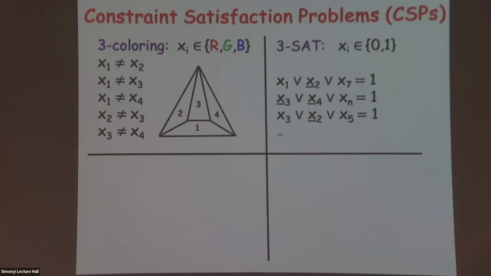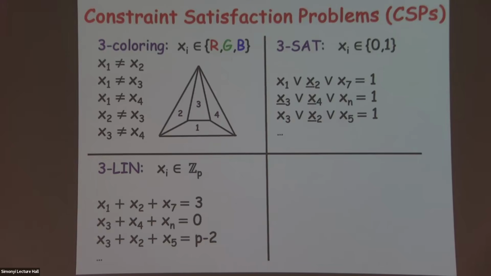Another one is the three-SAT problem I mentioned, just Boolean satisfiability of formulas. This is a bunch of constraints saying that the disjunction of three literals, variables or their complements, is true, and you get a list and you need to ask whether there is a satisfying assignment. Linear equations are another example.